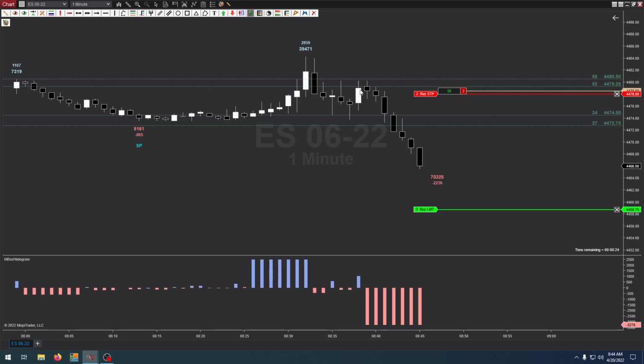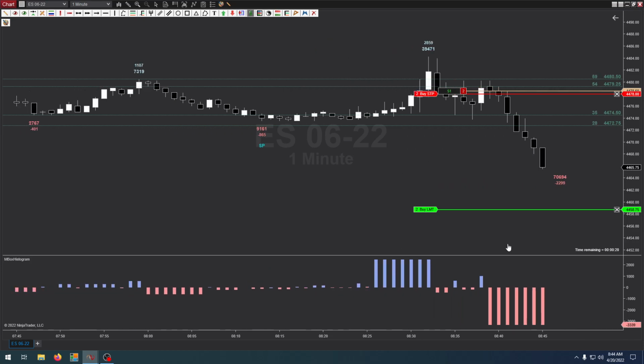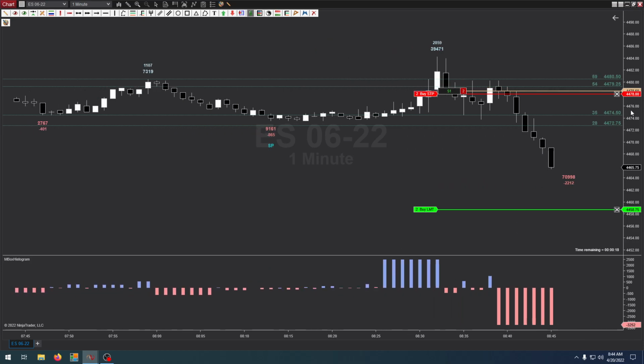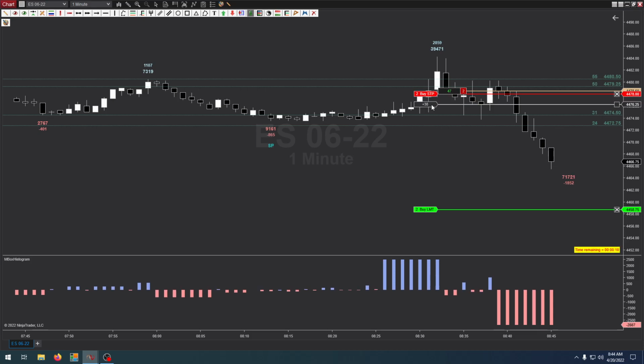And then this last move up, and then supply came in. So trail to right there. I'm trying not to crowd this because I know we're going to eventually go after a swing high.